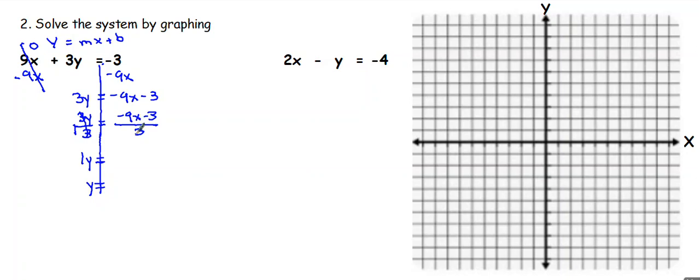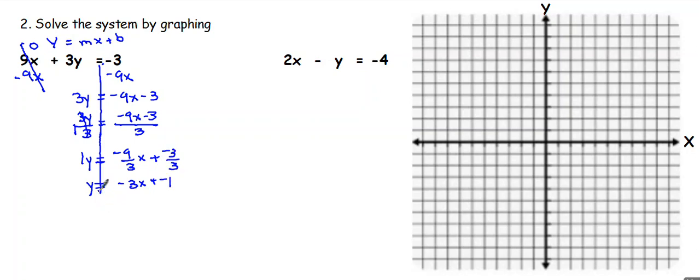The common denominator is 3. So we're going to split this apart, where this is going to become negative 9 over 3 times x plus negative 3 over 3. Okay, well, negative 9 divided by 3 is negative 3, plus a negative 3 divided by 3 is a negative 1.